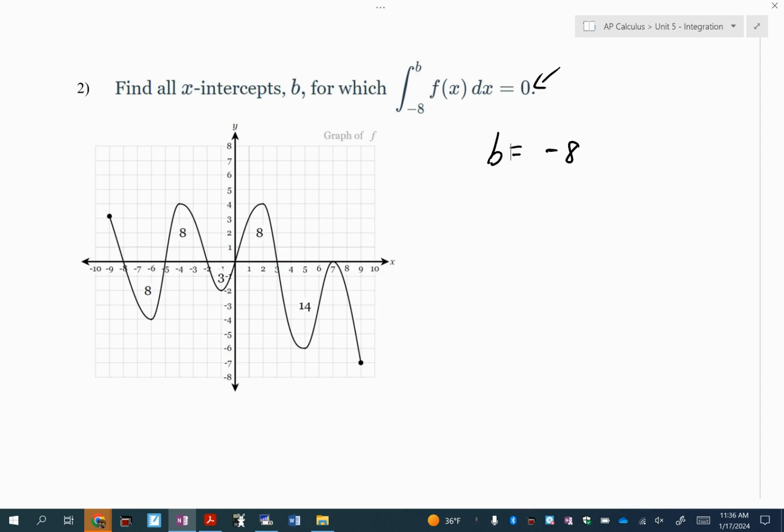What's the value from -8 to -5? 8, but it's below the x-axis. So if I go to -2, I see this 8 is above the x-axis. What is -8 plus 8? 0. So if I also use -2, the integral from -8 to -2 of this function is also 0.